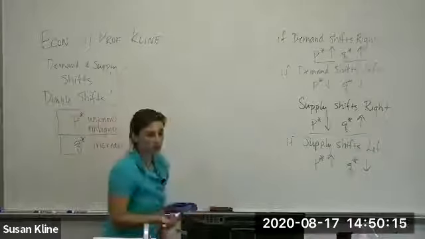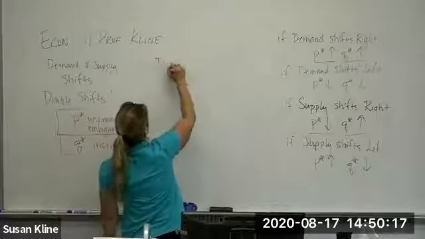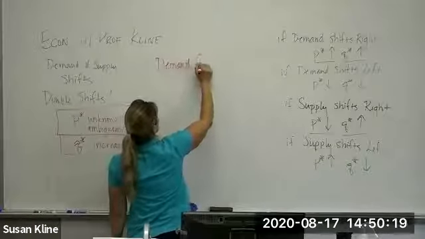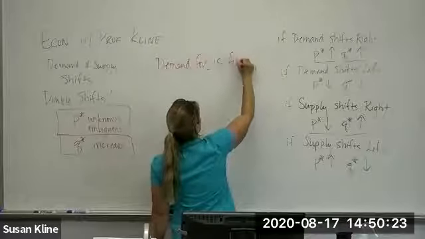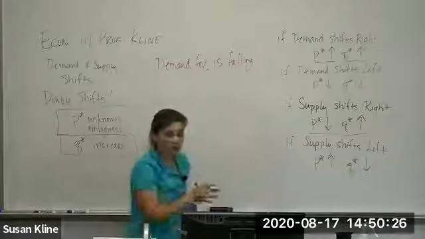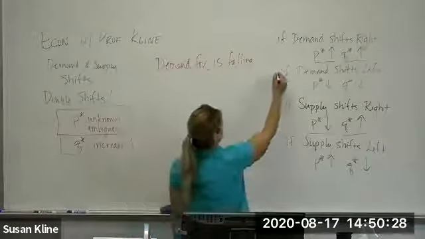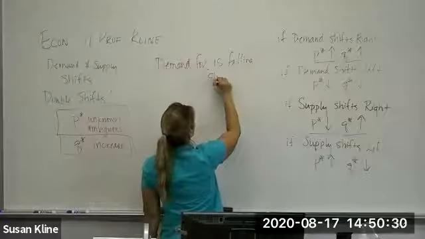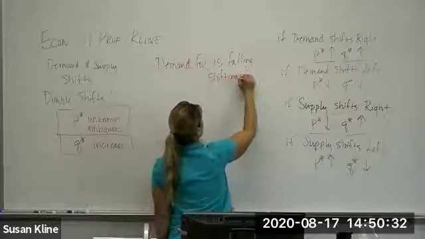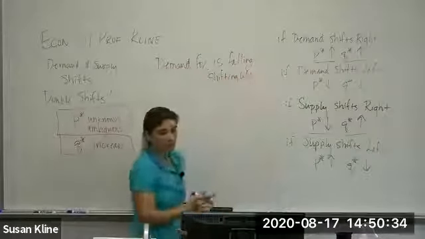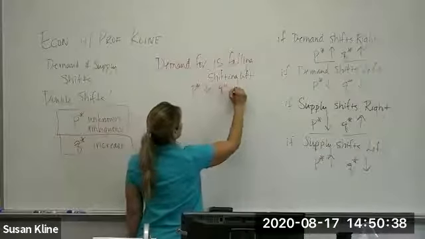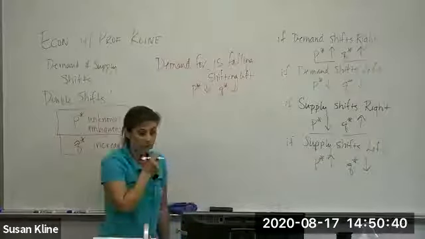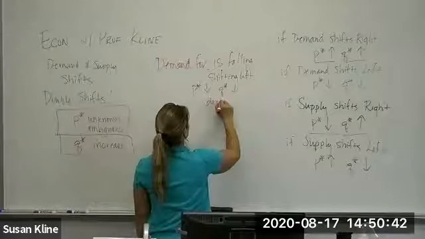If I were going to read an article that says demand for whatever product is falling, I need to understand that for the graph, that is, demand is shifting left. And the expectation is that price and quantity will decrease. And that's what those down arrows are saying.